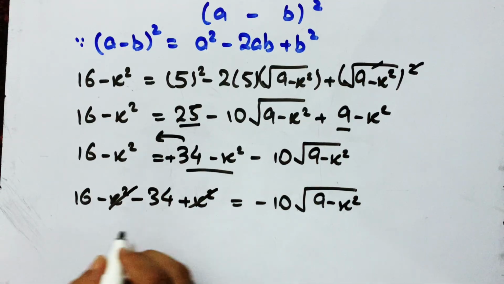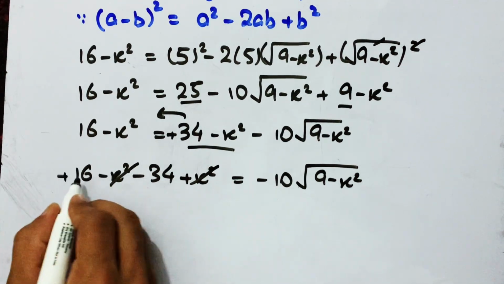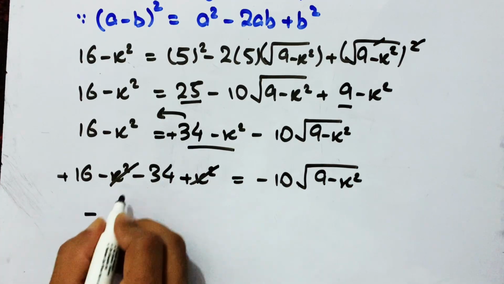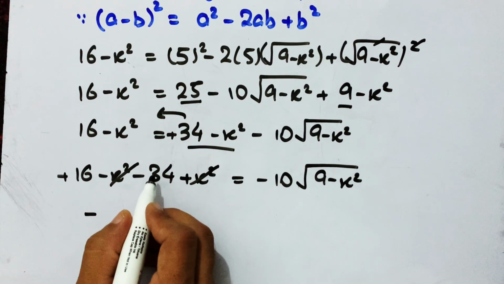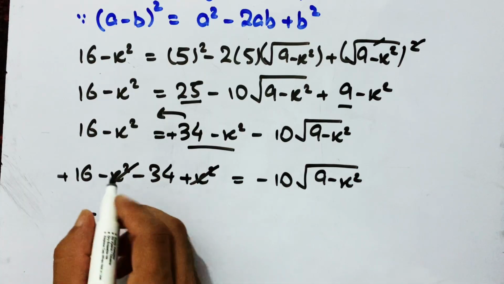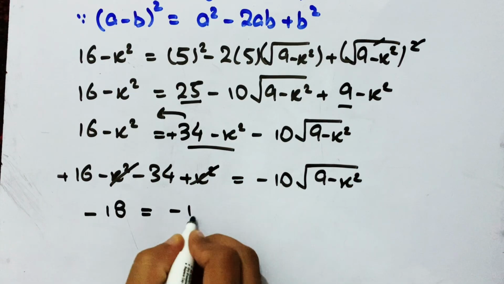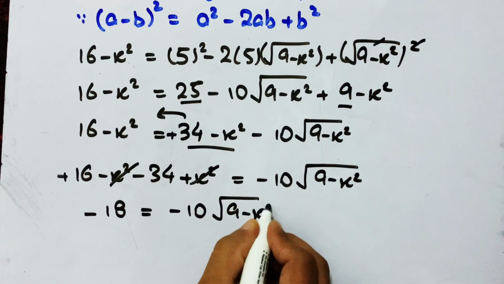Positive and negative x square cancel out. So 16 minus 34 gives me minus 18, which is equal to minus 10 times the square root of 9 minus x square.